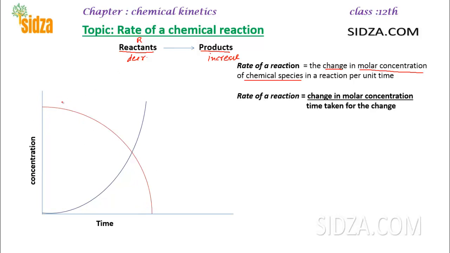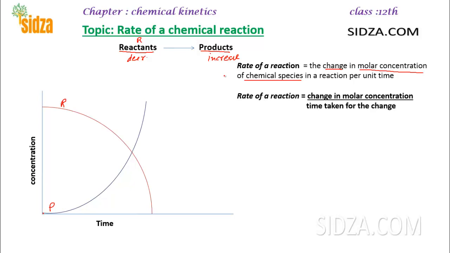So this is the concentration curve for the reactants, and for the products the concentration is initially 0, and with time it increases. So this is the graph for the products. This is the graphical representation of the concentration of the reactants and the products with time.